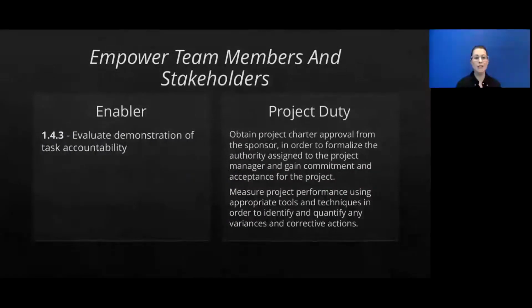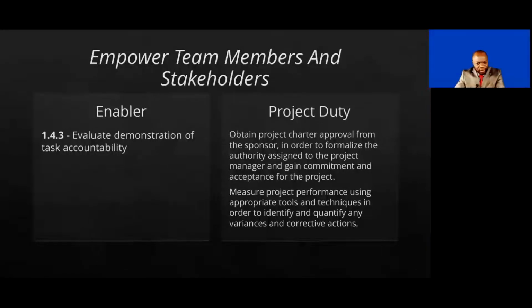All right, evaluate demonstration of task accountability. So again, project charter helps us understand as project managers what we're supposed to do, helps us understand our authority. It also helps gain commitment and acceptance for the project. And the project manager should measure project performance using appropriate tools and techniques in order to identify and quantify any variance and corrective actions.